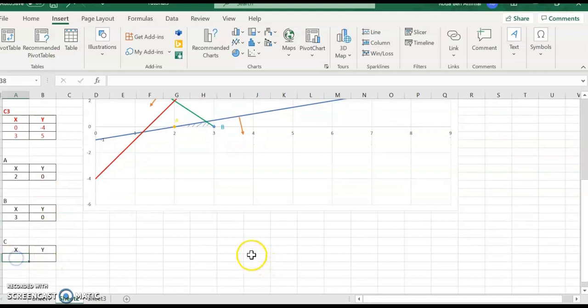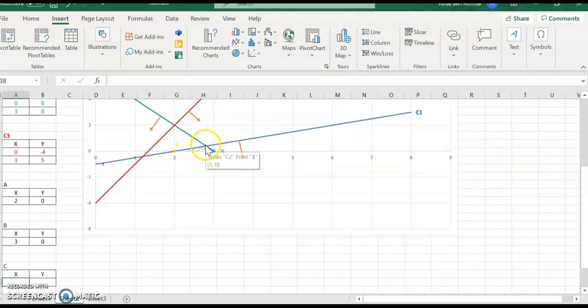And point C is this one that we just found the coordinates of. So it's 2.8, 0.4. So we have our basic feasible solutions, A, B, and C.